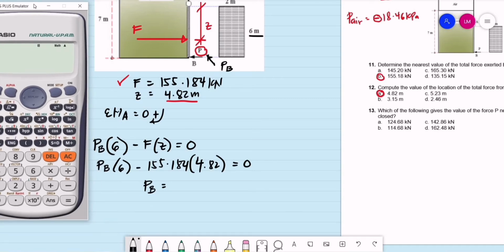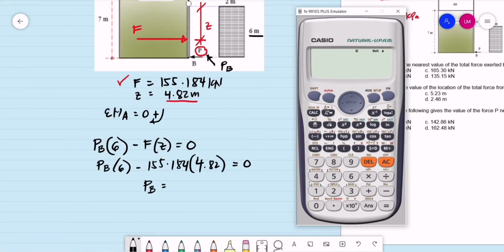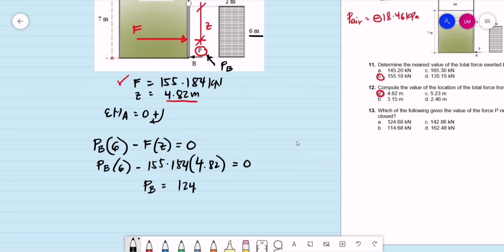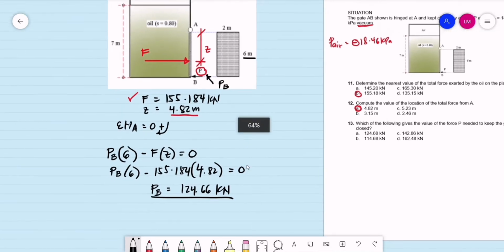So, that will be the same as 155.184 kilonewtons. Gaano yun kalayo from A? 4.82. To be divided by, gaano kalayo si point B? That is 6. So, we have that as 124.66 kilonewtons. So, this will be our answer for question number 13.